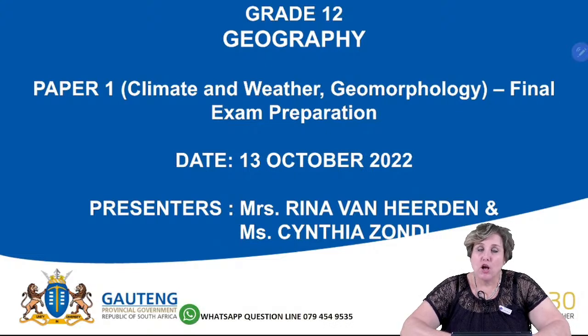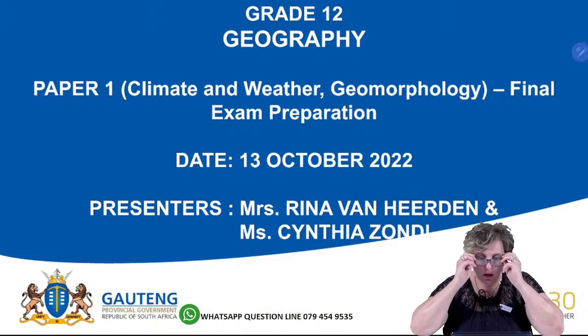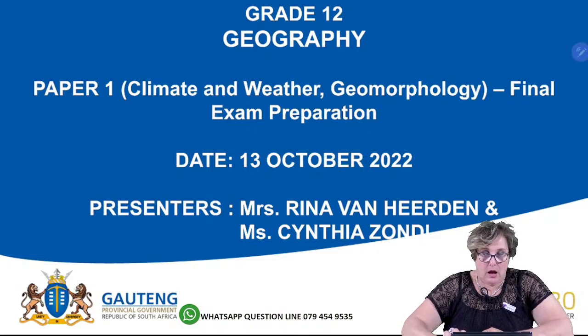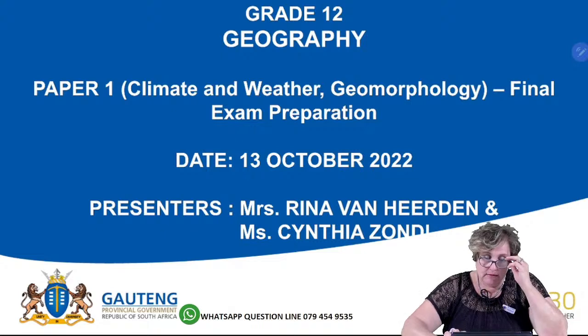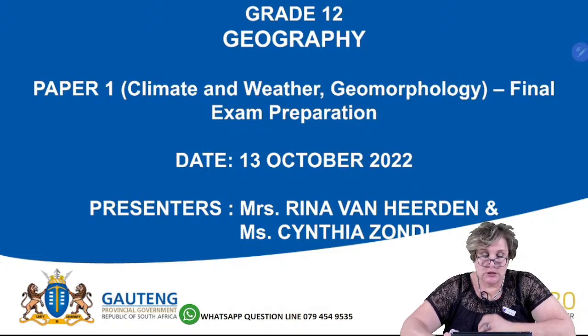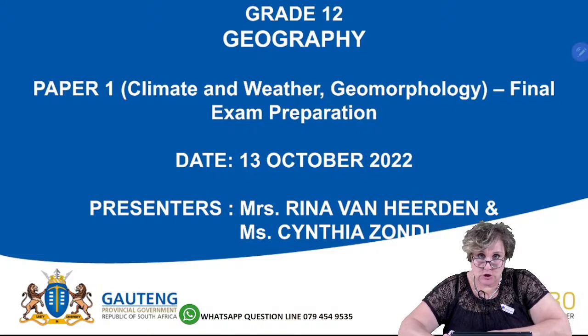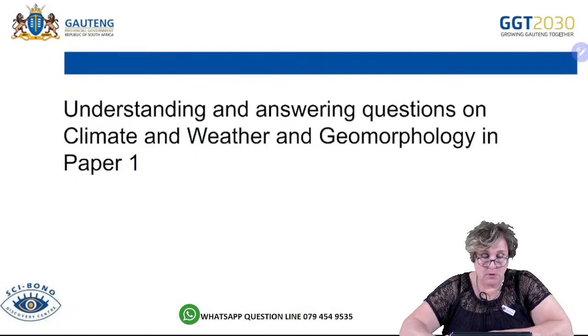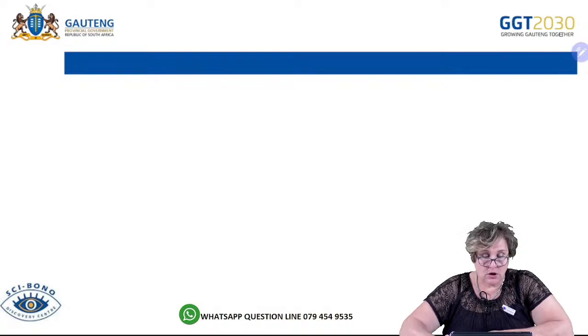Remember, we're not covering all the topics in climate today, but we are looking at a few topics that might be a challenge for some of you. We want you to understand and answer questions on climate and weather and geomorphology as it's going to appear in paper 1. Let's start.